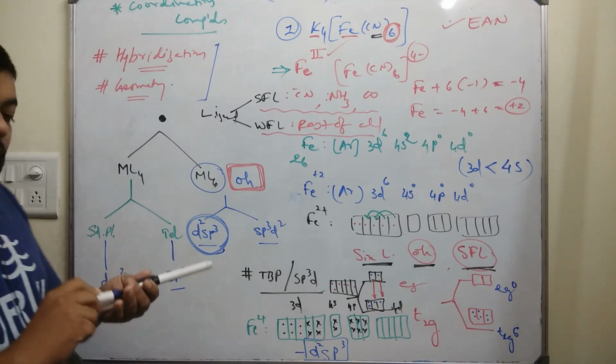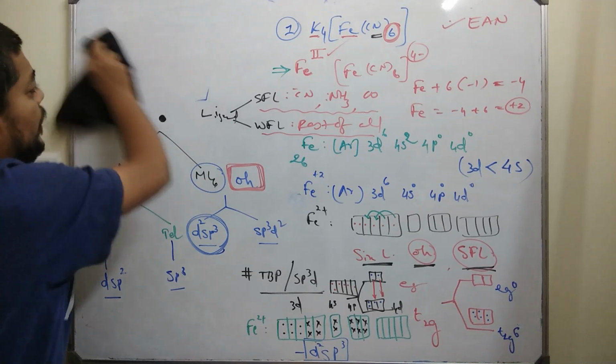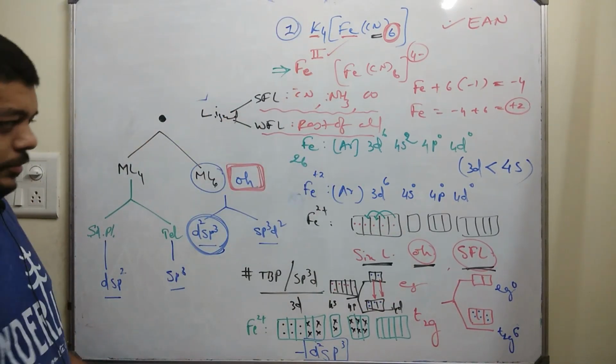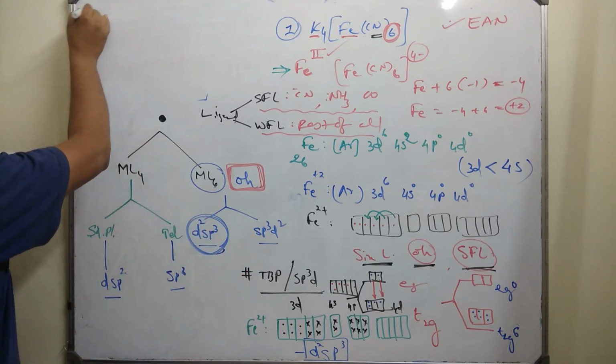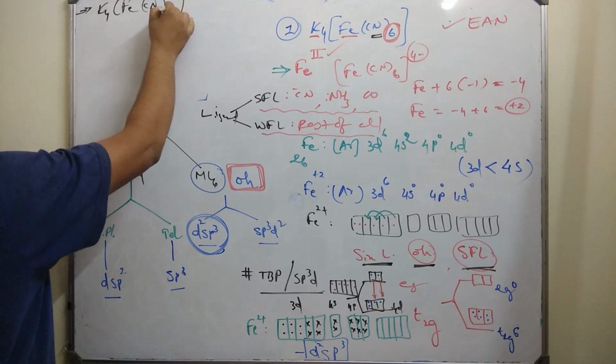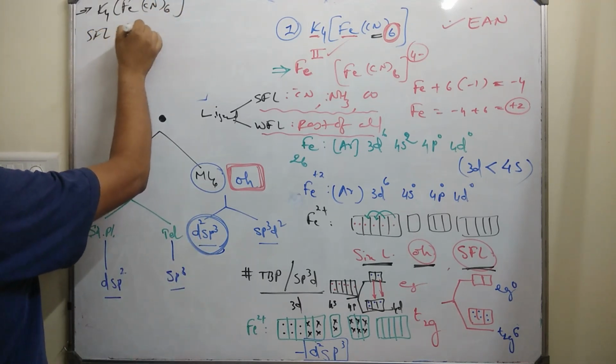Now, what all things could we get out of just one simple workout of 2 minutes if we are doing it alone? Number 1, if my molecule is K4[Fe(CN)6], the first thing is that I have a strong field ligand, and that strong field ligand is cyano.